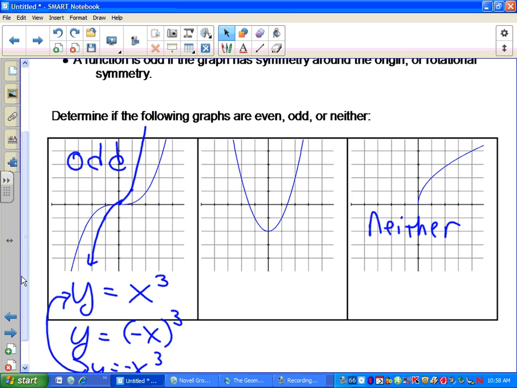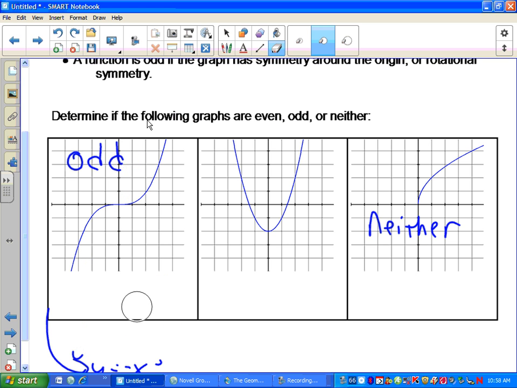Why is it on this odd function? Let's go back to, let's take this point. Let's pretend that's a good point. Positive 2, positive 1. What's the negative 2, negative 1? Do you see how it's the complete opposite?